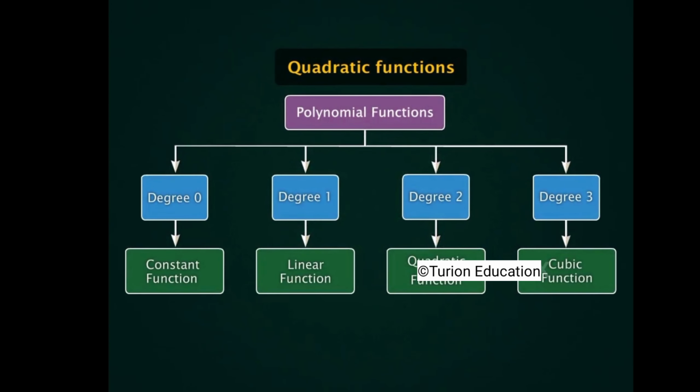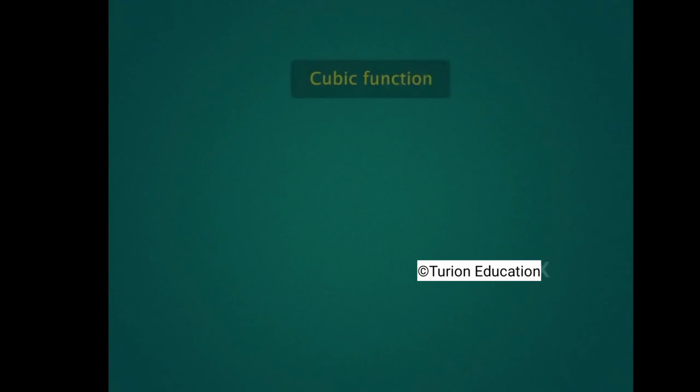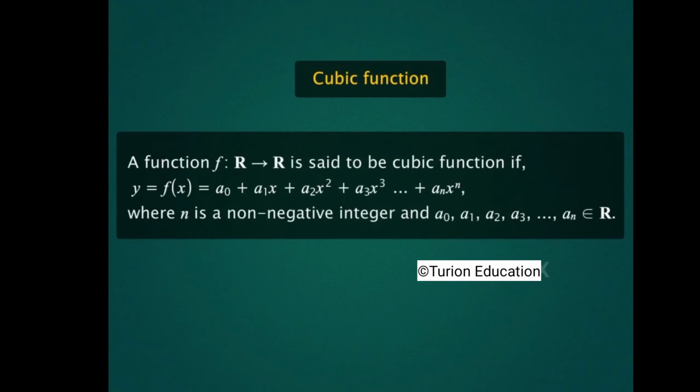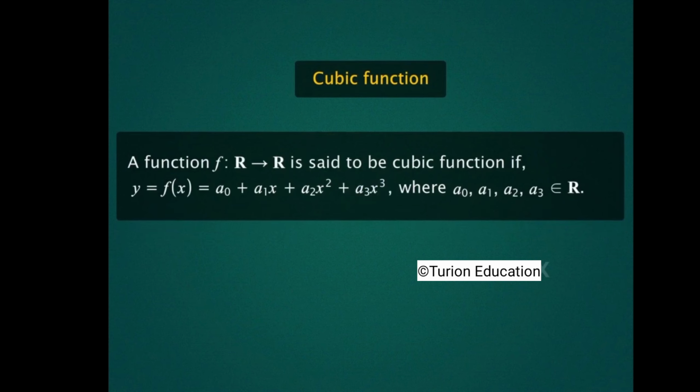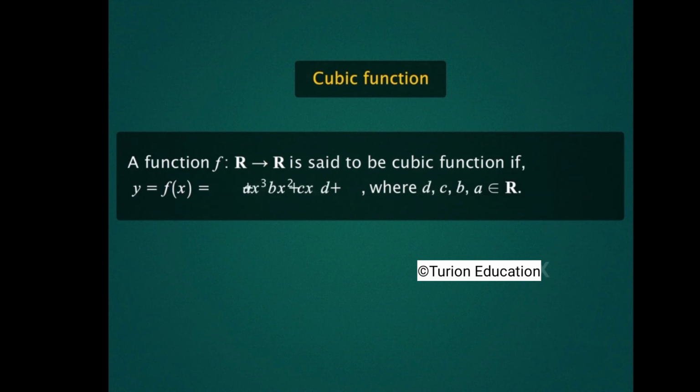Let us now discuss the polynomial function when its degree is 3, that is, the cubic function. A cubic function is a type of polynomial function whose leading term is a3 x cubed. Let us take the constants a3, a2, a1, and a0 as a, b, c, and d respectively, as per the convention.